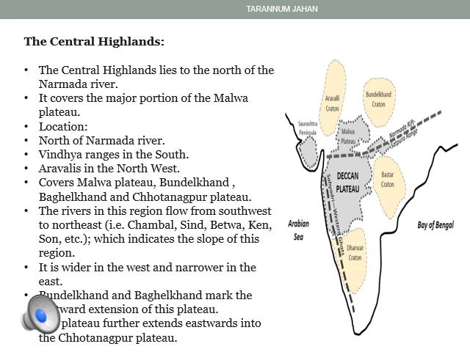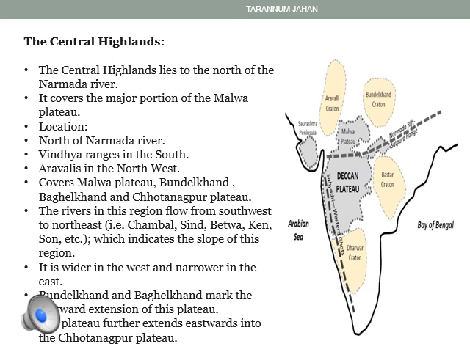The rivers in this region flow from the southwest to the northeast, like Chambal, Sindh, Betwa, Ken, Sun, etc., which indicates the slope of this region. Now you see the rivers are flowing from southwest to the northeast.